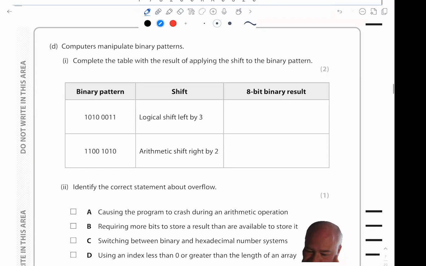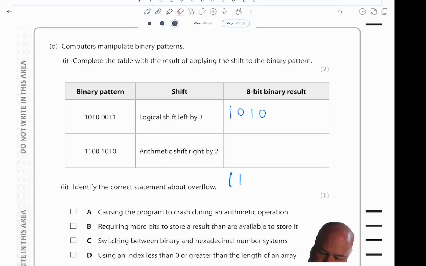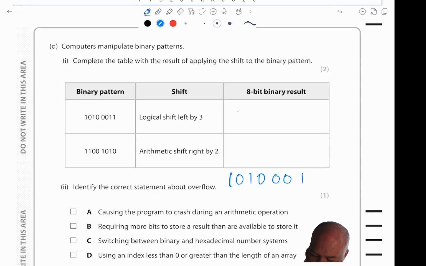Computers manipulate binary patterns. Complete the table with the result of applying a shift to a binary pattern. So logical left shifts, arithmetic left shifts work the same way, by 3. So let's just write it out, somewhere else, so we're not going to confuse ourselves. 0, 0, 1, 1.